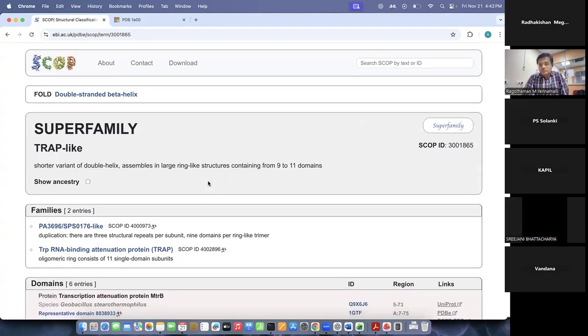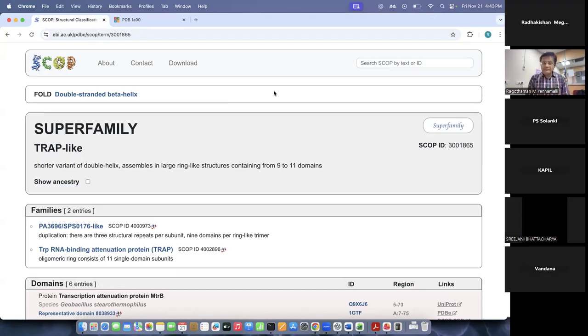Okay, so these two popular tools or databases are very useful when you're looking at a drug target. As we know, this entire workshop is about drug design. Why are we talking about protein folds? Any drug target that you take, you need to know what class, what architecture, what type of fold it belongs to, how it folds, and where the active site is.